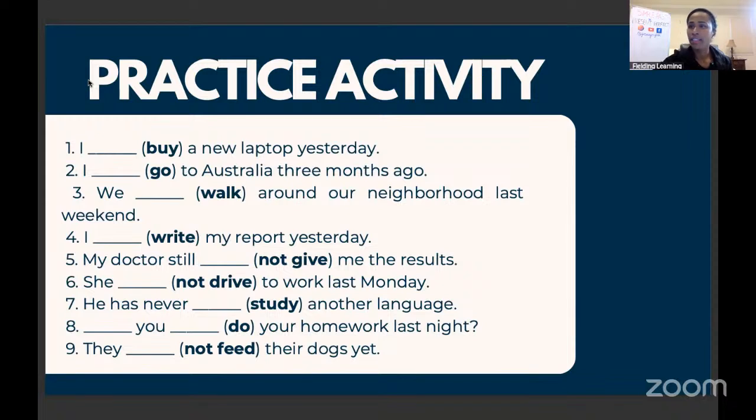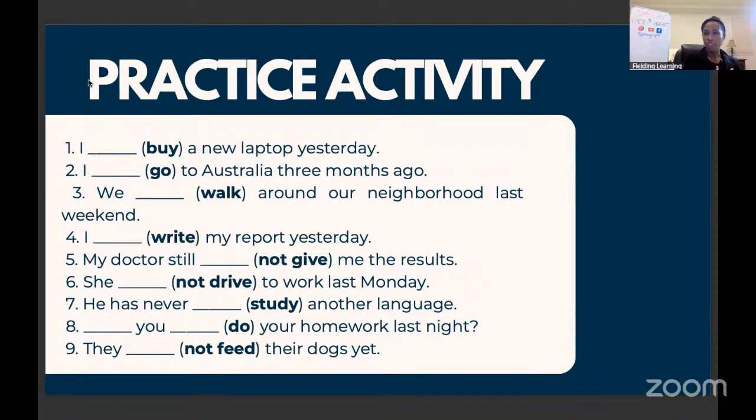Number 5 is a little tricky because remember: "My doctor still blank not give me the results." The doctor is the third person, right? He. In this case, you have to use the present perfect.